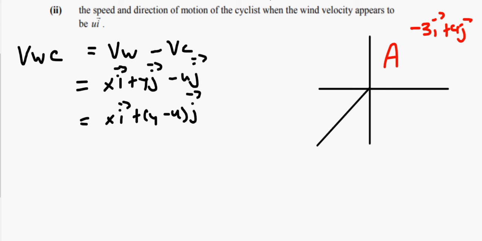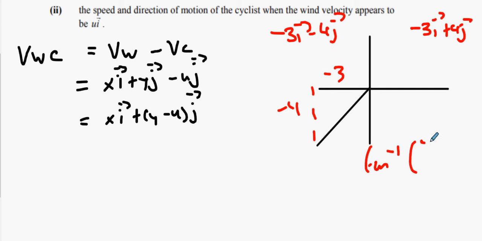So it's, for argument's sake, minus 3i minus 4j. You'd be technically tan inversing minus 4 over minus 3. But because they're both negative, it's the same as tan inverse 4 over 3. So that doesn't matter.